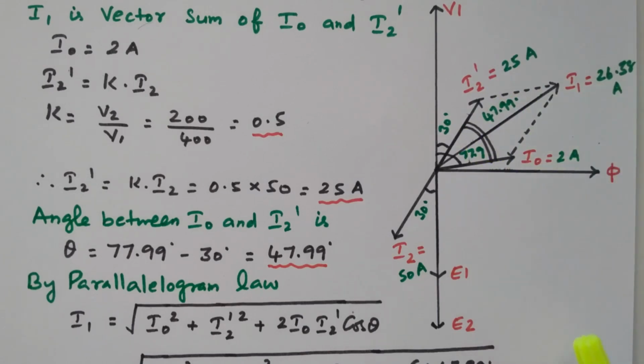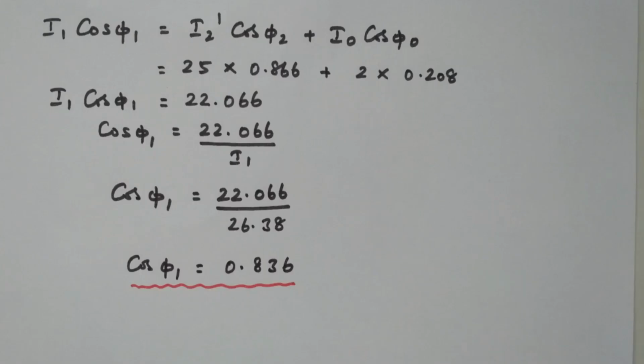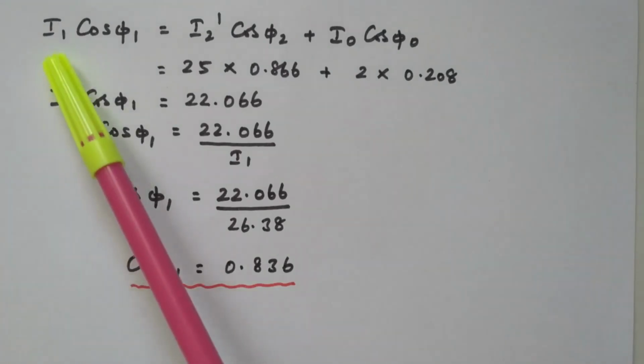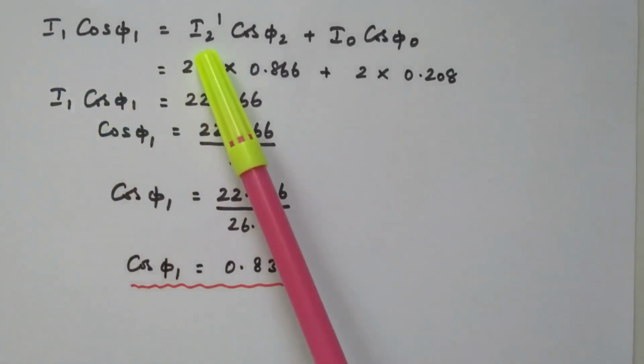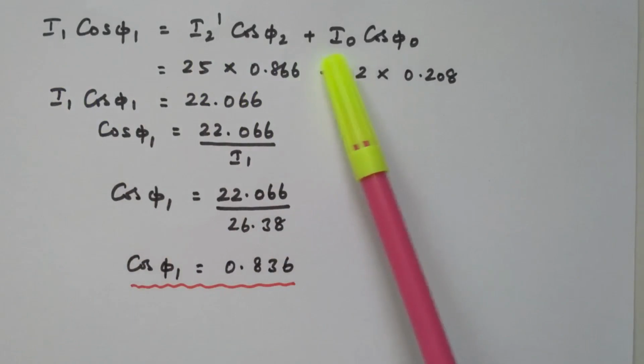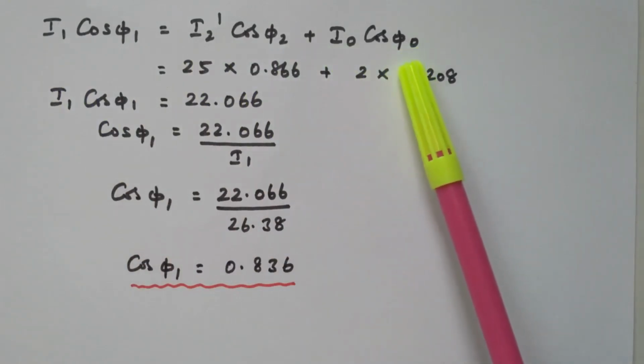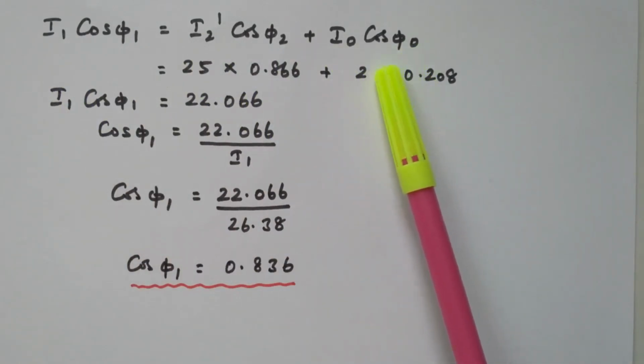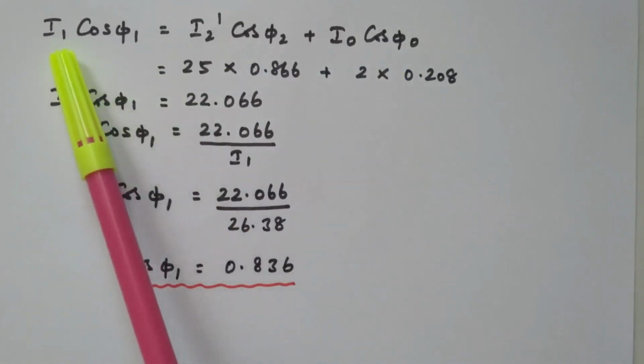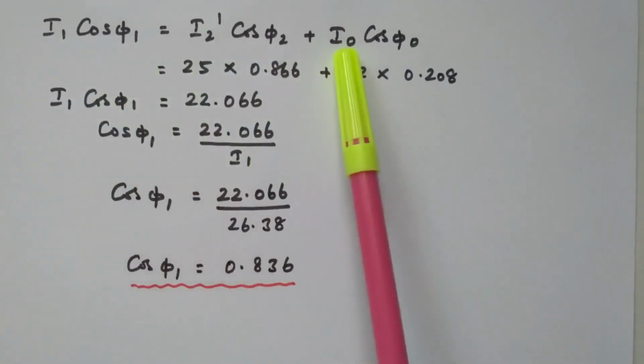Now we will calculate the primary winding power factor. So we know that I1 cos phi 1 equal to I2 dash cos phi 2 plus I0 cos phi 0. From the vector diagram, we can easily identify that this I1 is the vector sum of I2 dash and I0.